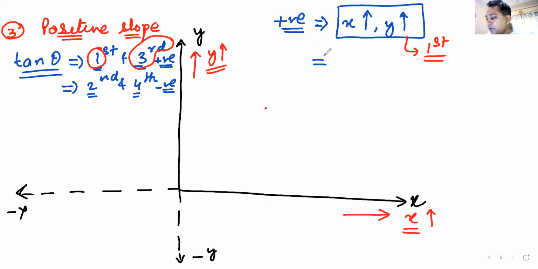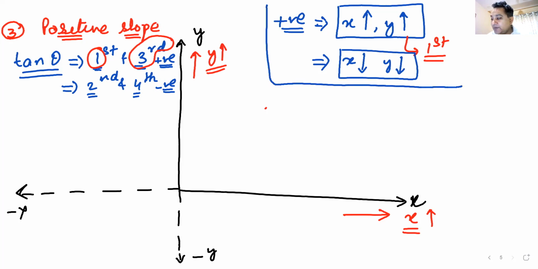So positive slope also implies that if the value of x decreases, y also decreases. Very nice, Chaturya. Y also decreases. This is my positive slope.